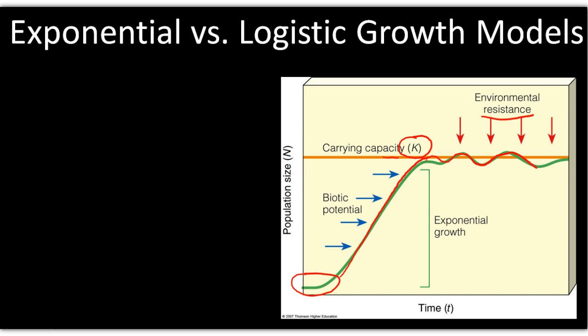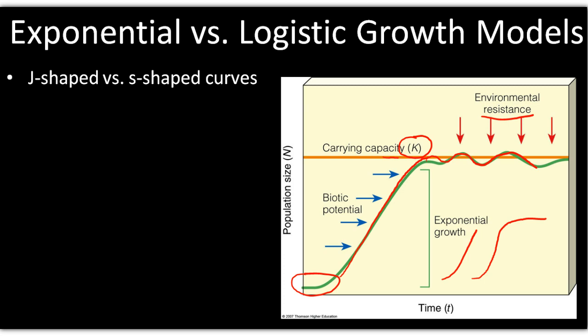So the differences between these curves, just kind of drawing it out here, is for our R-selected species, what I'm looking at is just an exponential curve. If it's a K-selected species, you still have that exponential growth, but you have a leveling off point. So we'll make a comparison with those a little bit more as we're moving along.